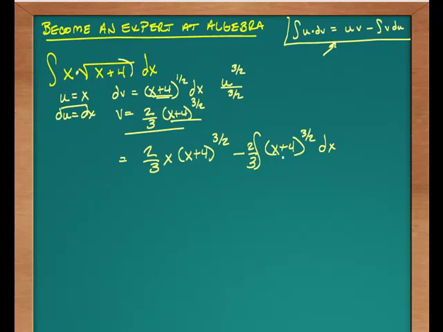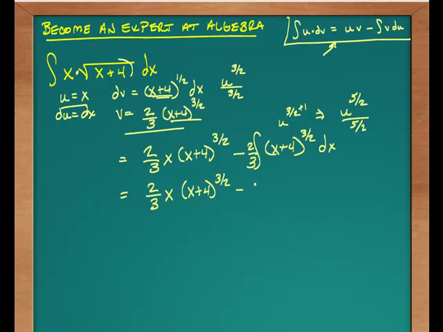Okay, now when we integrate here, again, if we just say it's u to the 3/2, then when we integrate that, we would have u to the 5/2. You add a 1 to this power, so 3/2 plus 1 is 5/2, over 5/2. When you divide by a fraction, you end up flipping it and multiplying. So we're going to do that here. We'll bring down our term, 2/3 x times x plus 4 to the 3/2.